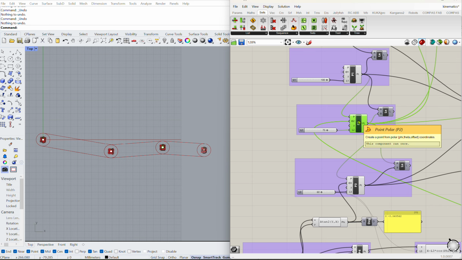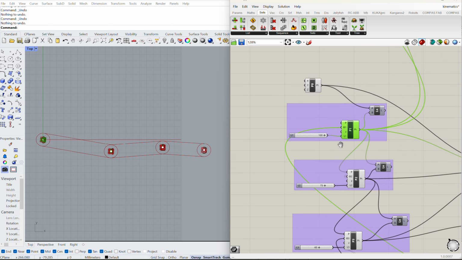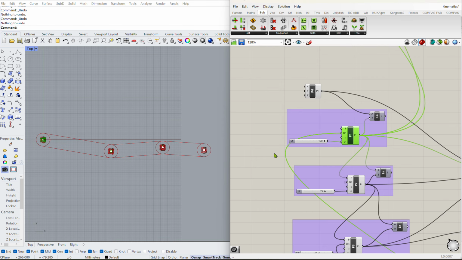We have 0.2, which is the end of segment 2 and the base of segment 3. We have 0.1, which is the base of segment 2 and the end of segment 1, and then we have 0.0, which is our origination point.